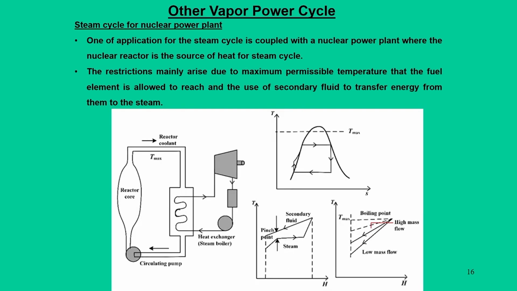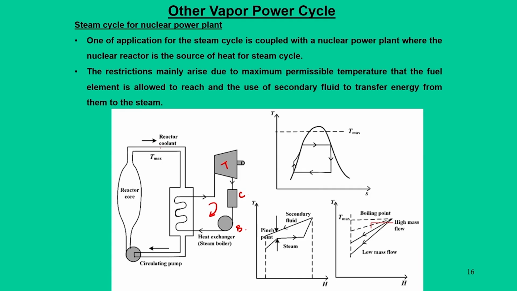The next cycle that we normally use is for nuclear power plants. Here the schematic diagram has turbines, a condenser, and a boiler. What happens is that this works as a Rankine cycle using common steam, similar to the steam power plant.